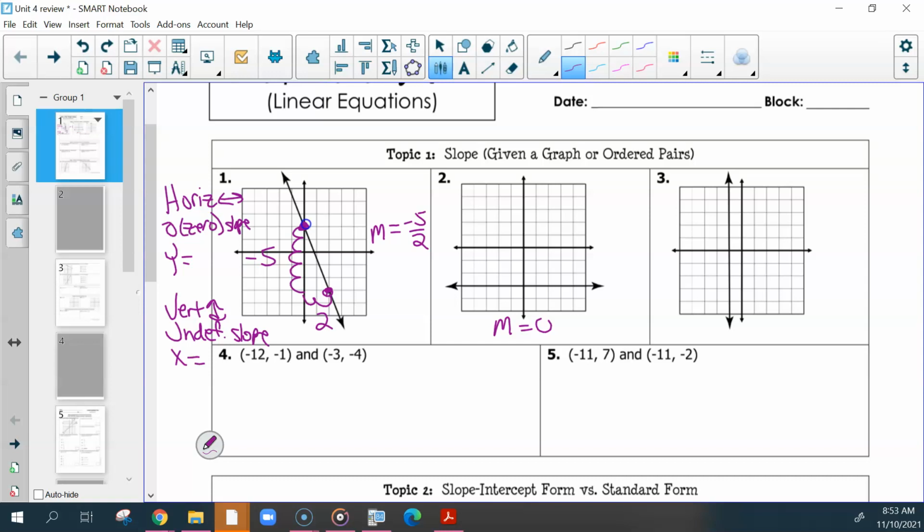Because that's going to help you with all of your horizontal and vertical lines from slope and graphing. What would your slope of number 3 be? Undefined. Undefined. So you can put U and D, you can spell out the word undefined, either or.